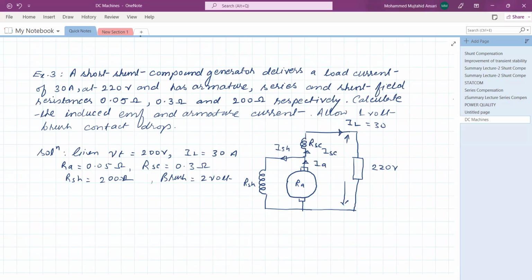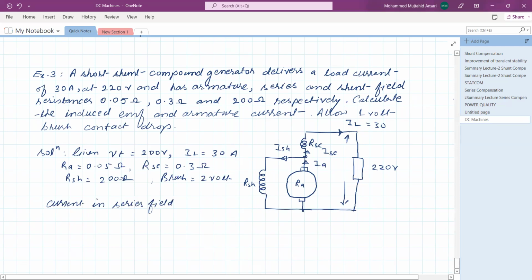So now first we will calculate ISH. First you have to calculate the voltage across these two terminals. The current in the series field is equal to 30 ampere, which is equal to the load current. It is quite clear because the same current is going to flow.